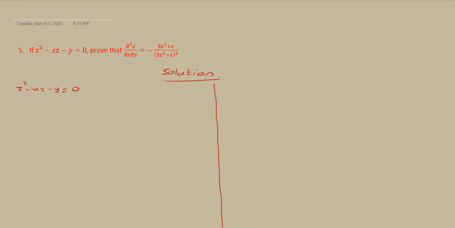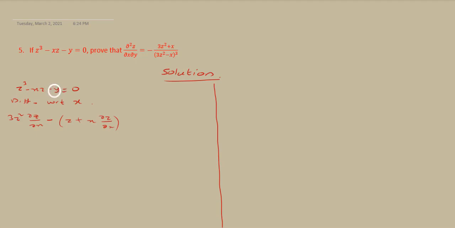So now differentiate with respect to x. So this z raised to power 3, it will become 3z square dz dx minus, if you differentiate x here, the answer is 1. 1 times z plus now if you differentiate z, the answer is 1. 1 times x, but don't forget, whenever you differentiate z, you must put dz dx, minus 0.